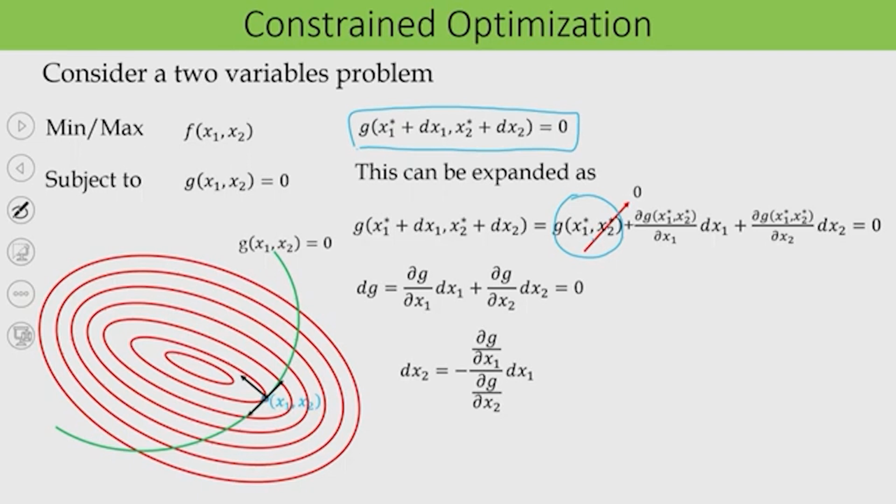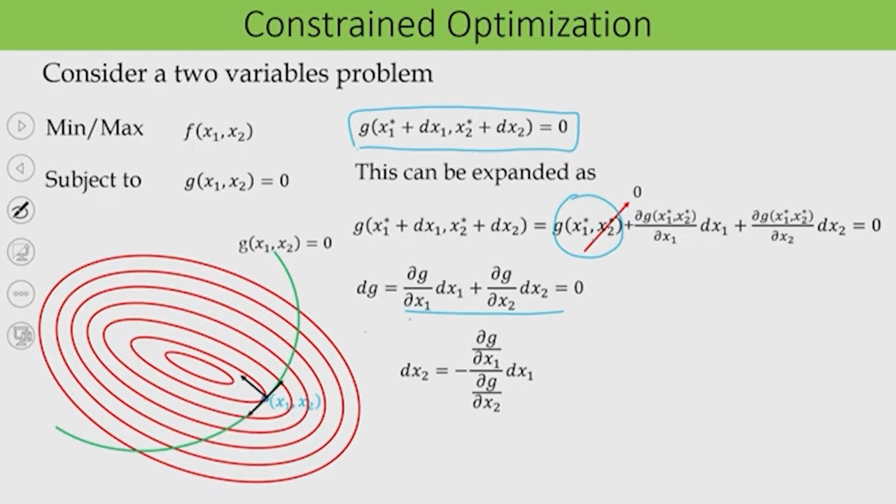So, g(x1 star, x2 star) is equal to 0, and I am getting this part, which is del g by del x1 dx1 plus del g by del x2 dx2, equal to 0.